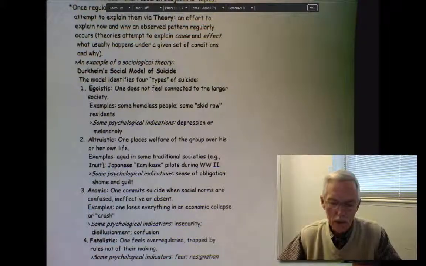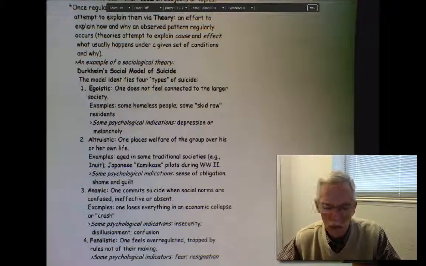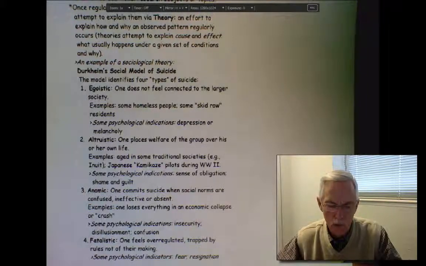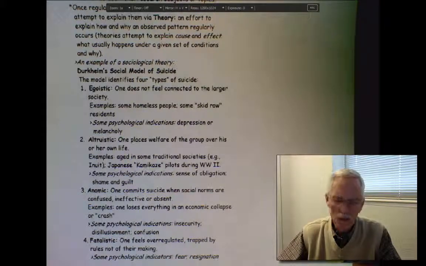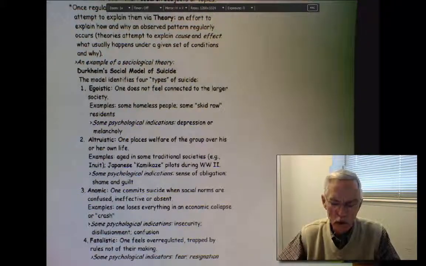He also reasoned that if the common sense-based explanation was correct, that again, only people with psychological problems commit suicide, then wouldn't it make sense that rates of suicide would be high among categories of people who were overrepresented in mental hospitals or institutions?